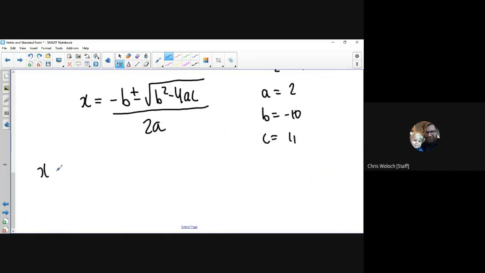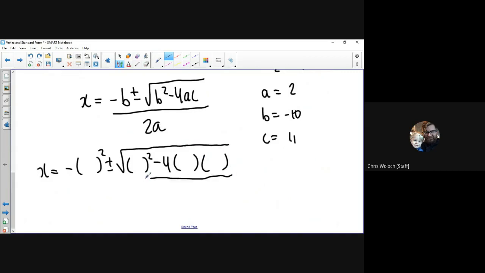So x equals negative, I'll just write this out. Let me plug in everything. So that's negative 10, 2, 11, and then 2.